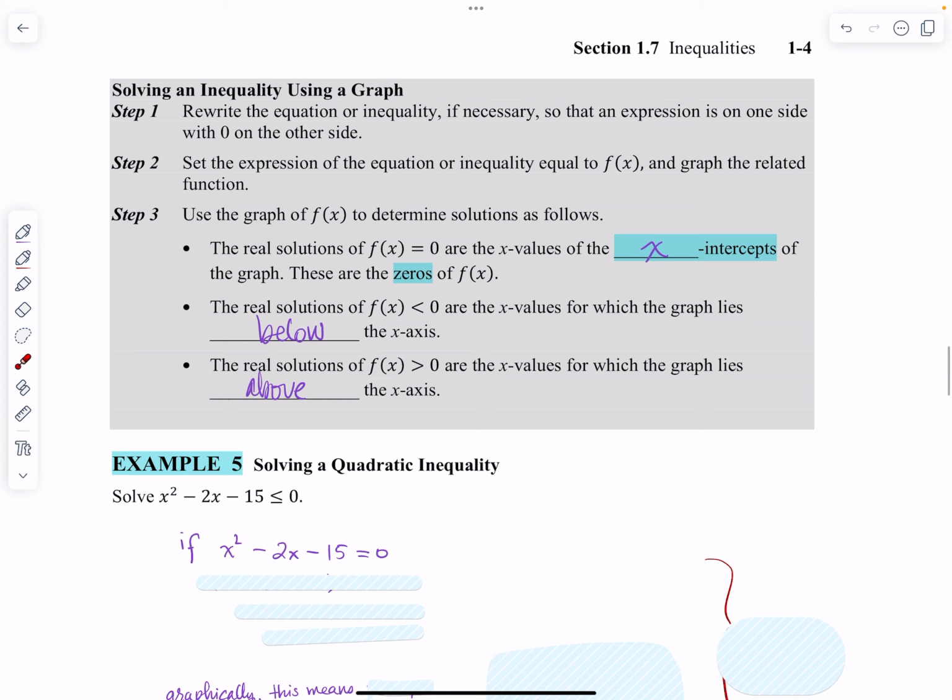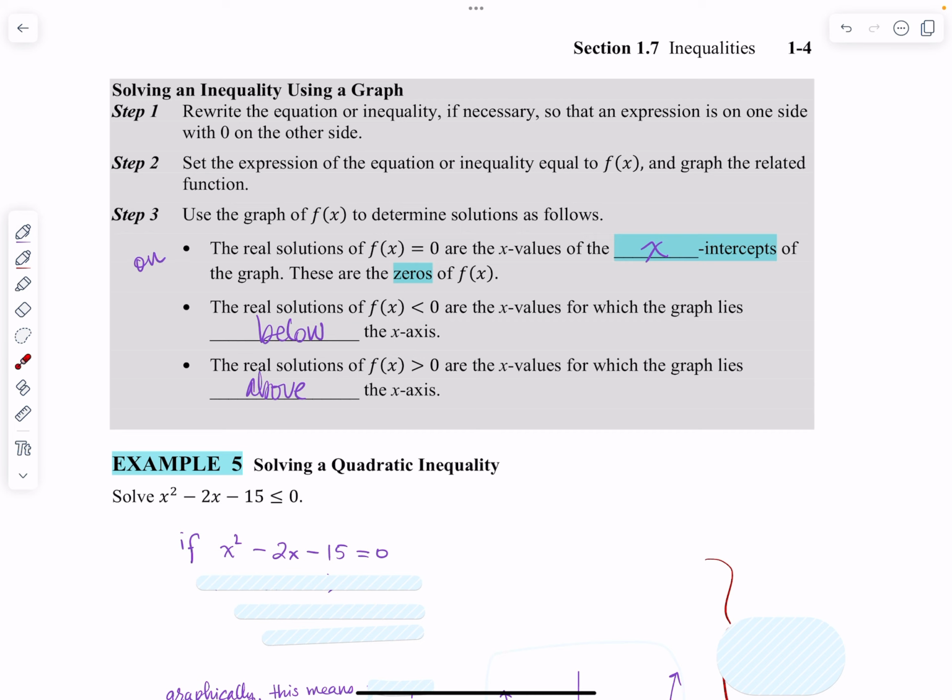So if our graph, here's f of x, our graph is equal to 0, then these are going to be all of the values that are x-intercepts or are zeros of our function. So I just like to say these are on the x-axis.